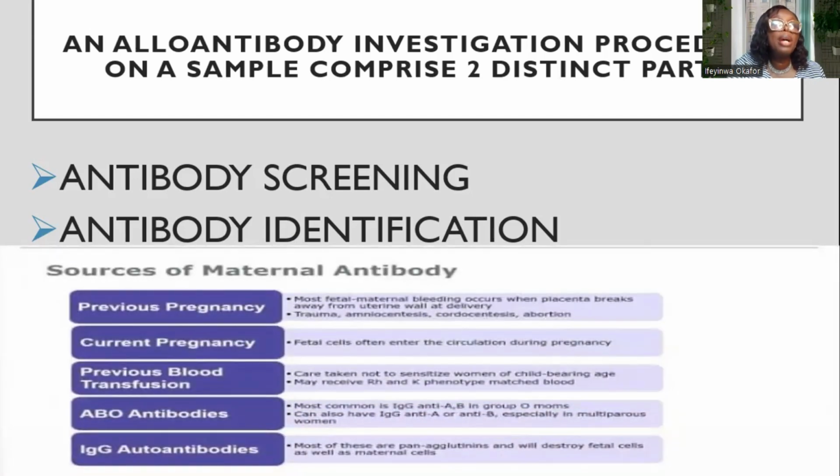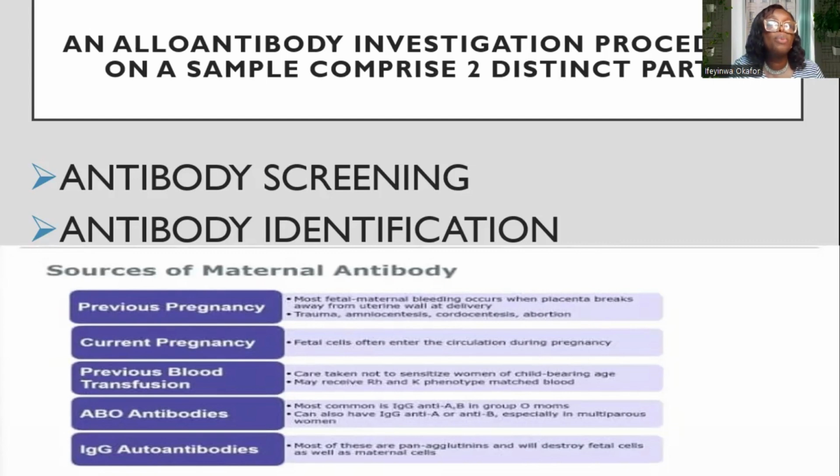Now, remember that we have said earlier, the sources of maternal antibody. We have the previous pregnancy that sensitized the mother to produce this antibody. We have the current pregnancy through the fetal maternal hemorrhage. The baby blood, who is still positive, can move into the mother's circulation and keep on stimulating the mother to produce more of this antibody, increasing the concentration of the antibody that the mother will have.